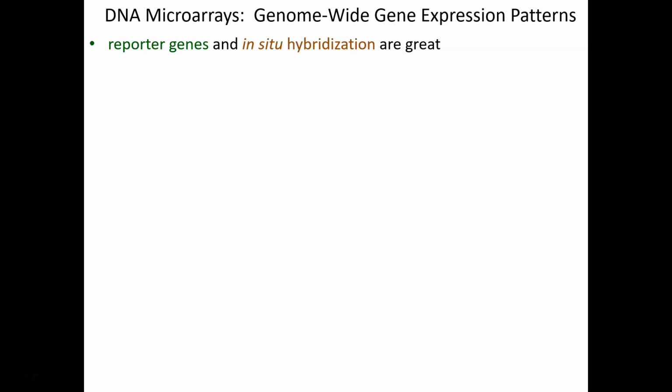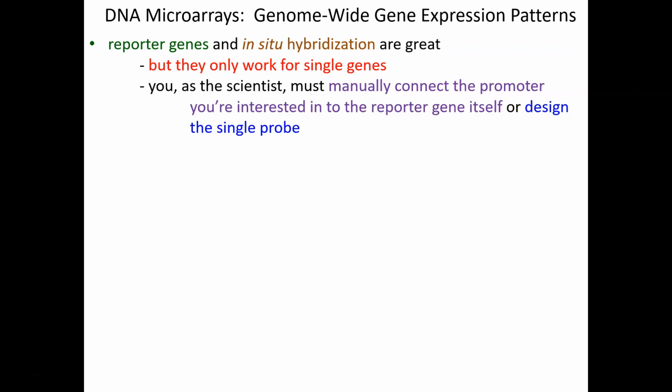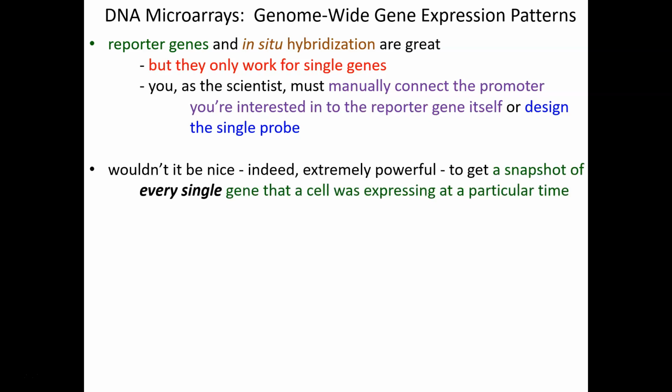So reporter genes and in situ hybridization are great, but they are for single gene studies. You, as the experimenter, have to manually create this recombinant DNA molecule that connects the promoter of your gene of interest to the reporter gene and interrogate the cell with that one artificially made reporter construct.